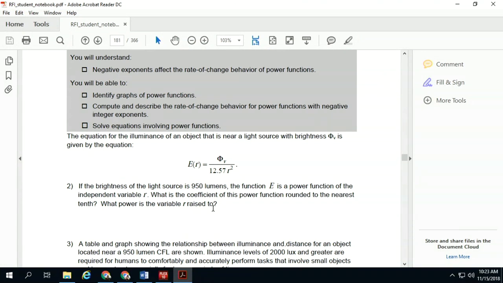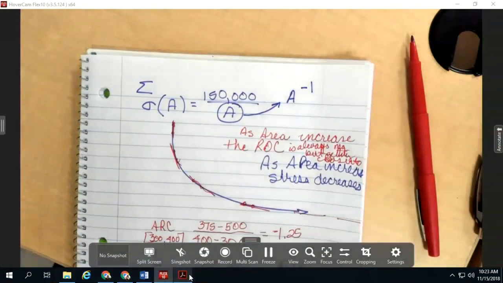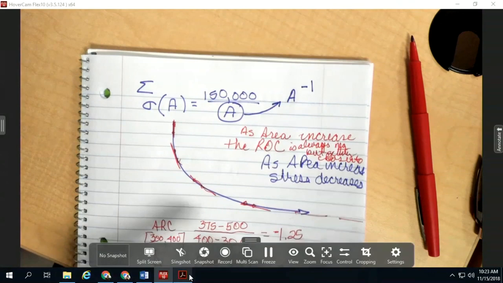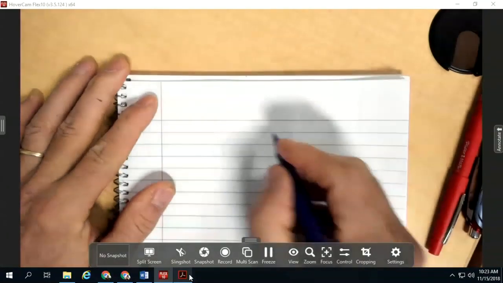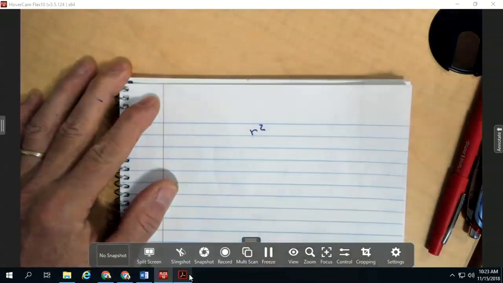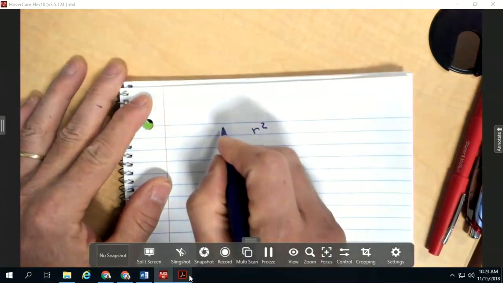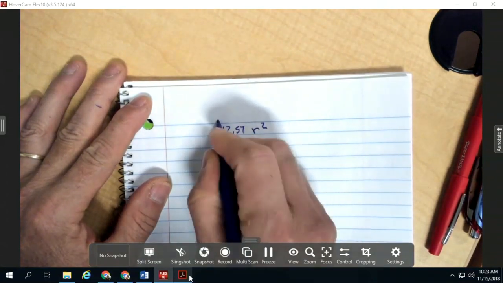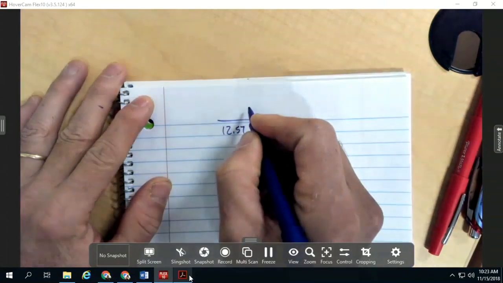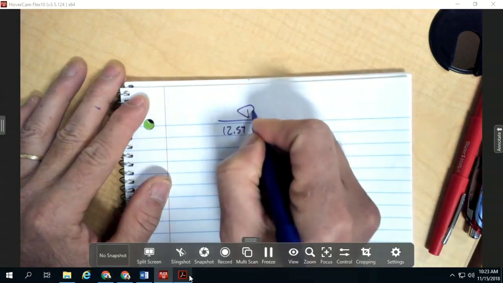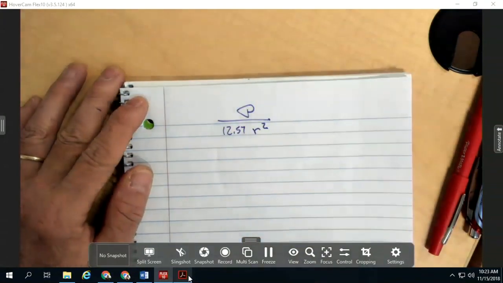In other words, this is just like the function that we had up here on this page, except we're going to have not -1, but -2 as our power. 12.57, and it's going to be under phi, is that? Yeah. Under phi.